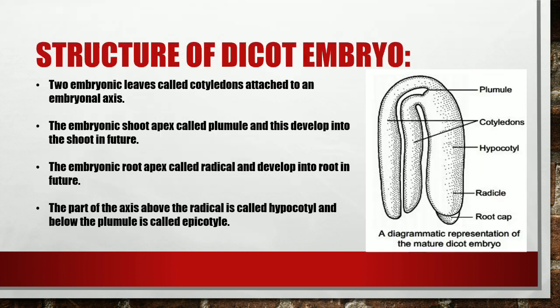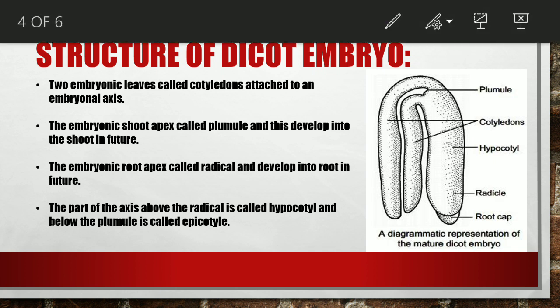Now, what is the structure of dicot embryo? The two embryonic leaves called cotyledons are attached to the embryonal axis.